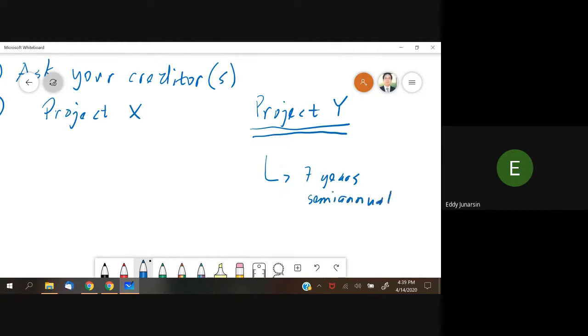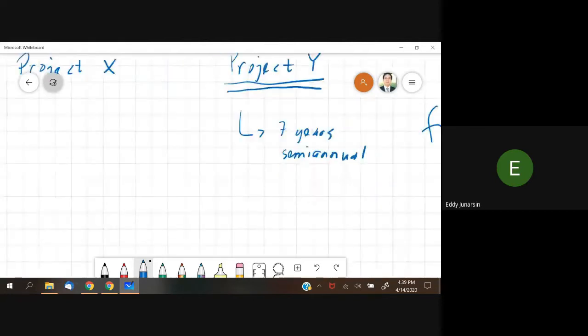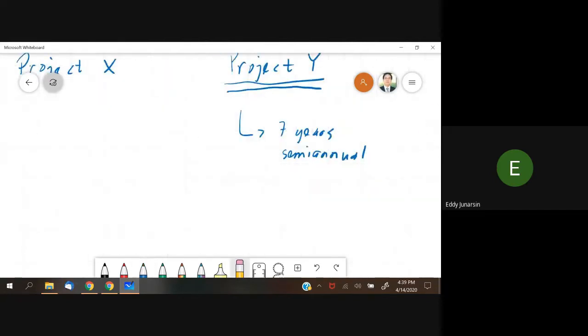with semi-annual payments. And the bond that the other company has issued pays a coupon rate of, to make it easy to imagine, 10%.